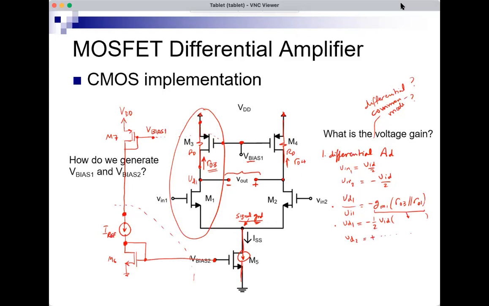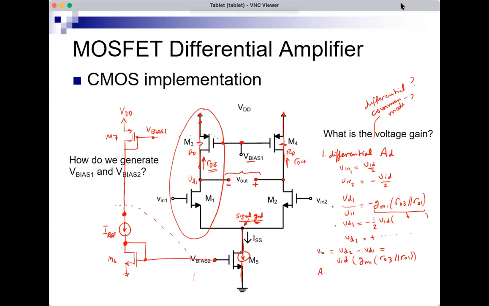It's the exact same thing. VO is VD2 minus VD1. And you take the difference between these two, you get VID into gm1 (ro3 parallel ro1). In such circuits, we usually assume that gm1 is equal to gm2 and ro3 is equal to ro4. It's important for the circuit to be symmetrical.